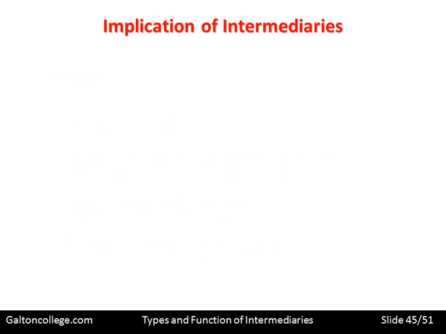Now, the implications of intermediaries. Well, the company's current financial position will be determined by the intermediaries, by the efficiency with which the intermediaries pay, the quantities they buy off the company, and the feedback that they give to the company, which may determine future development of the product, whether that feedback is accurate and whether it's reliable.